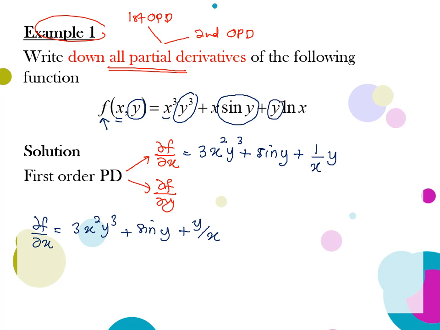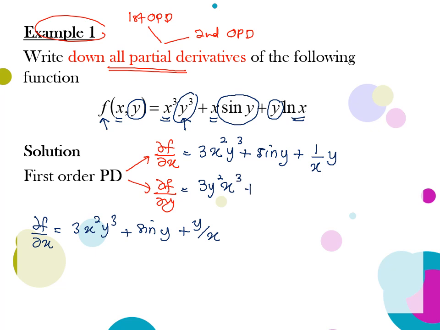So x here will be constant, meaning it will stay in the function. Right? So differentiating y cubed, you will get 3y squared, and x cubed will stay.